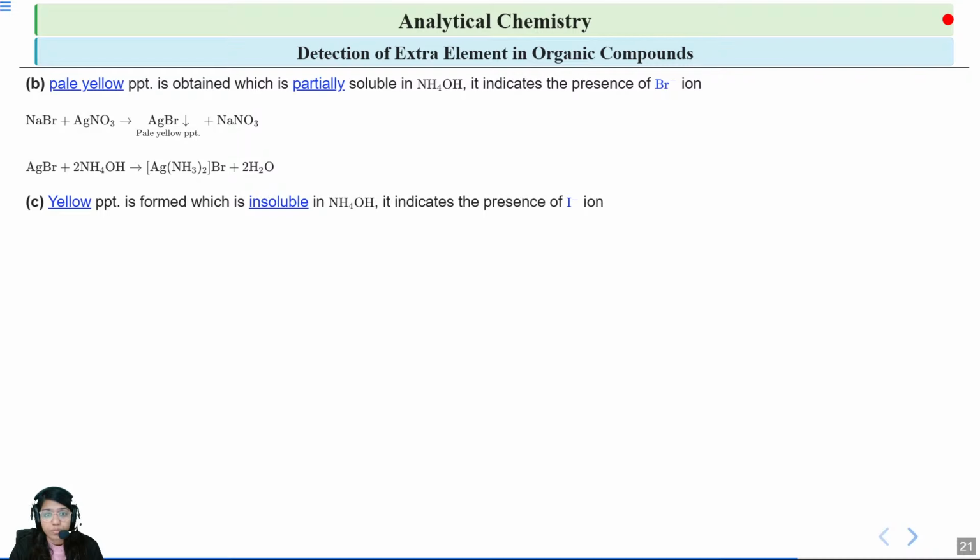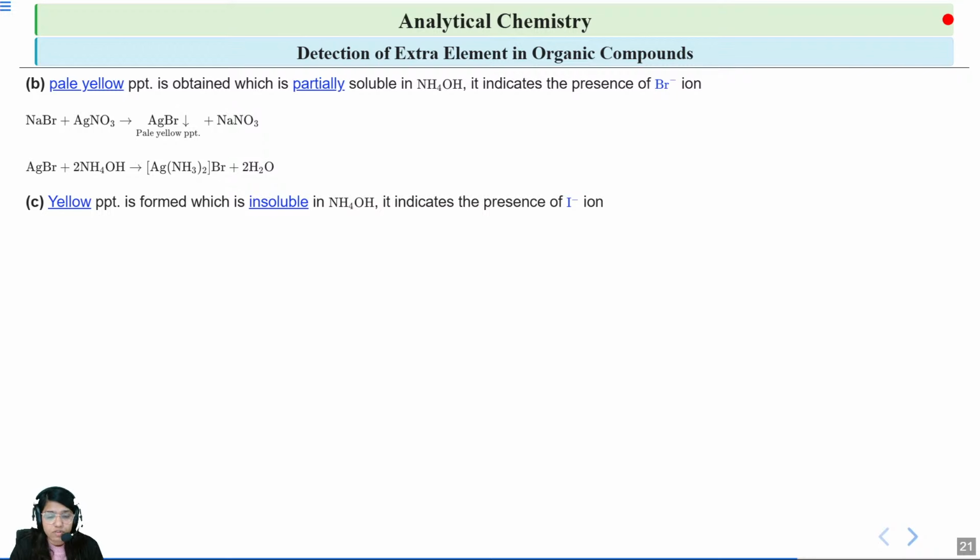And if a yellow precipitate is formed that does not dissolve in ammonium hydroxide, NH4OH, it is insoluble in NH4OH, it indicates the presence of iodide ion. So iodine is present as halogen in the organic compound. This is because iodide ions react with silver nitrate, AgNO3, to form silver iodide, AgI, which is a yellow insoluble salt.